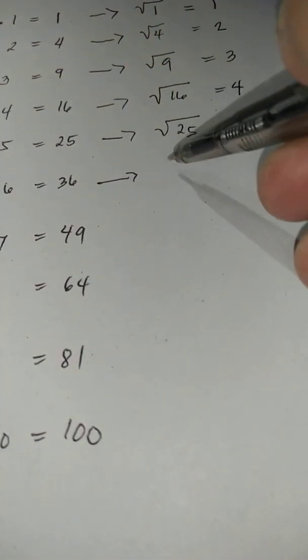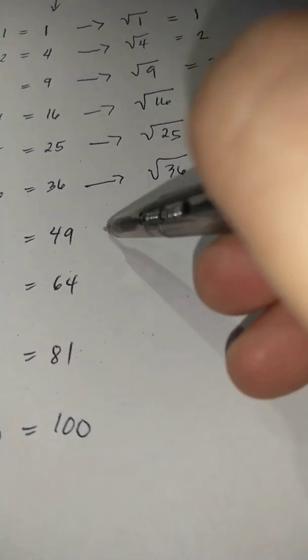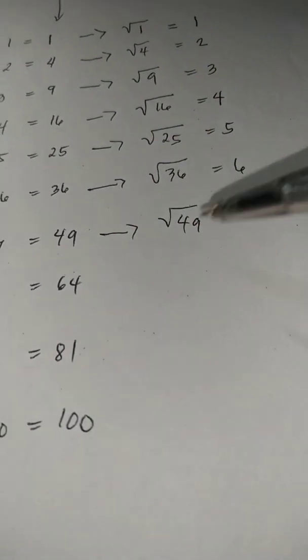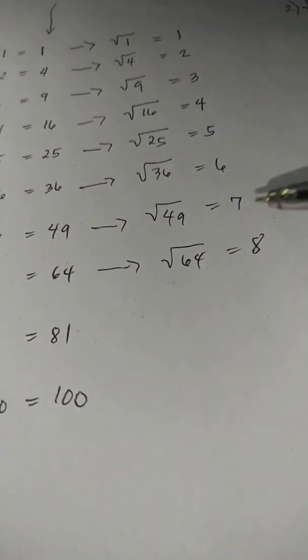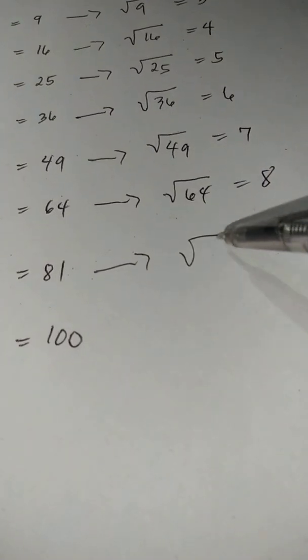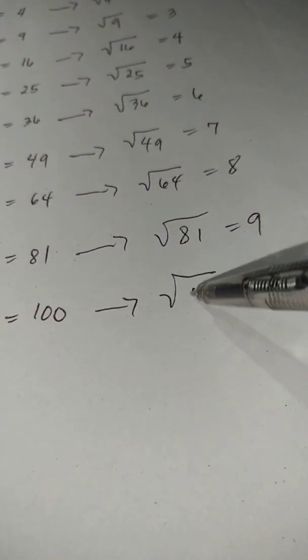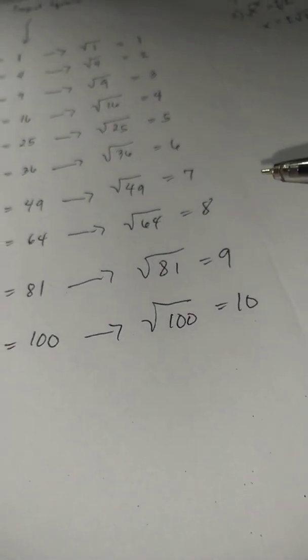That is 5. What is the square root of 36? That is 6. Square root of 49? That is 7. Square root of 64? That is 8. Square root of 81? That is 9. And the square root of 100 is 10.